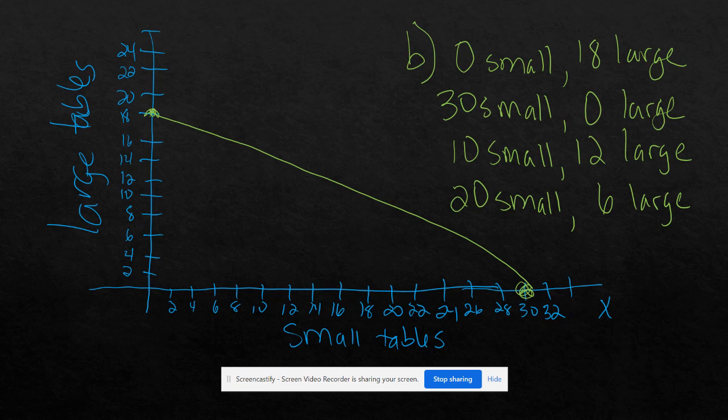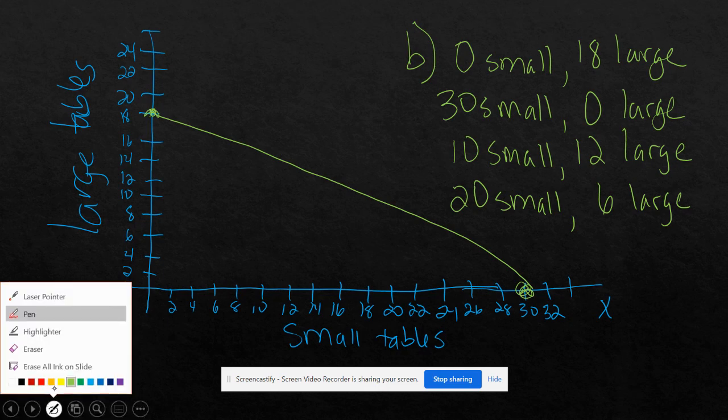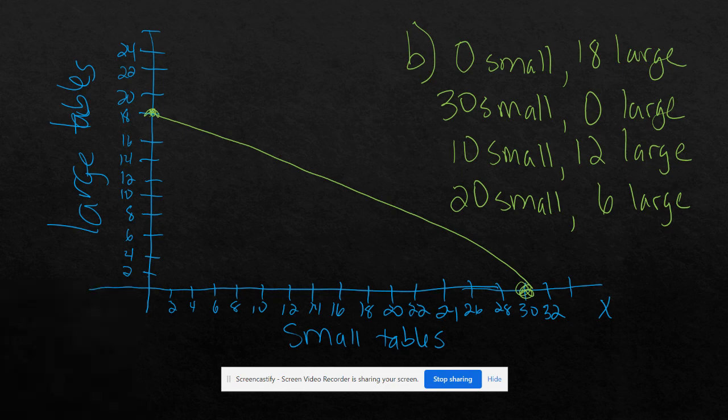You can double check any of these values by plugging them into our original equation and making sure that they work. So to show you what I mean by that, let's say we wanted to check the 10 small and the 12 large. Remember, small is x and large is y.